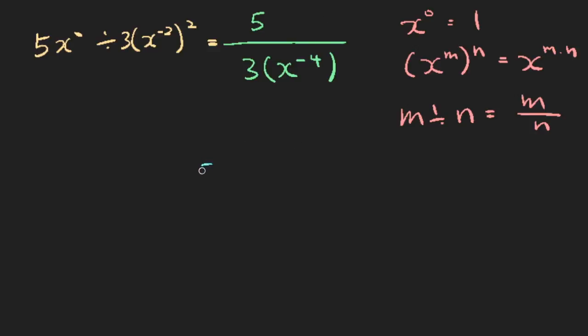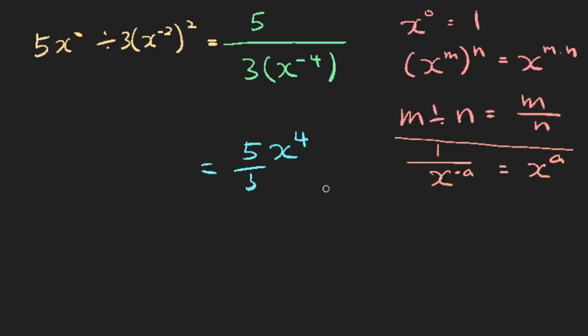So we press on. Remember on the previous slide, I said that when you have a negative power, you can shift it. So you don't want to see negative powers. So we shift it up, it becomes x to the power of 4. So for this, I'm making use of this rule here, 1 over x to the power of negative a is equal to x to the power of a. And that's it, that's my answer.